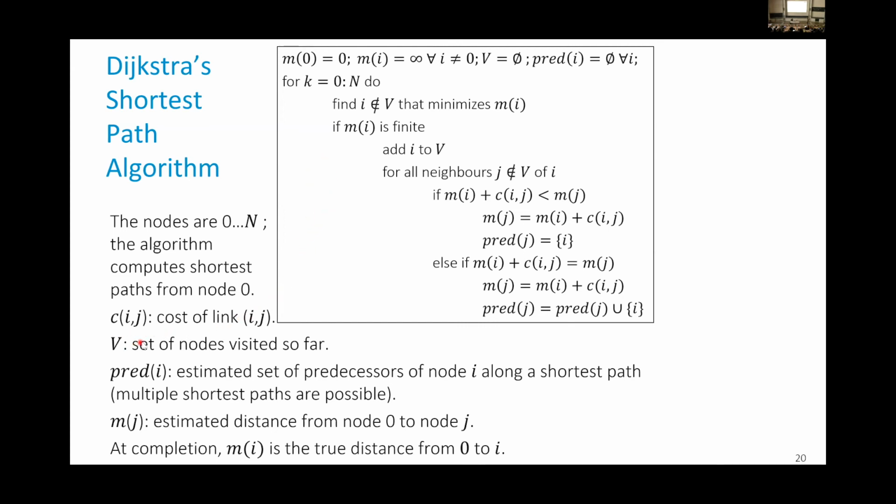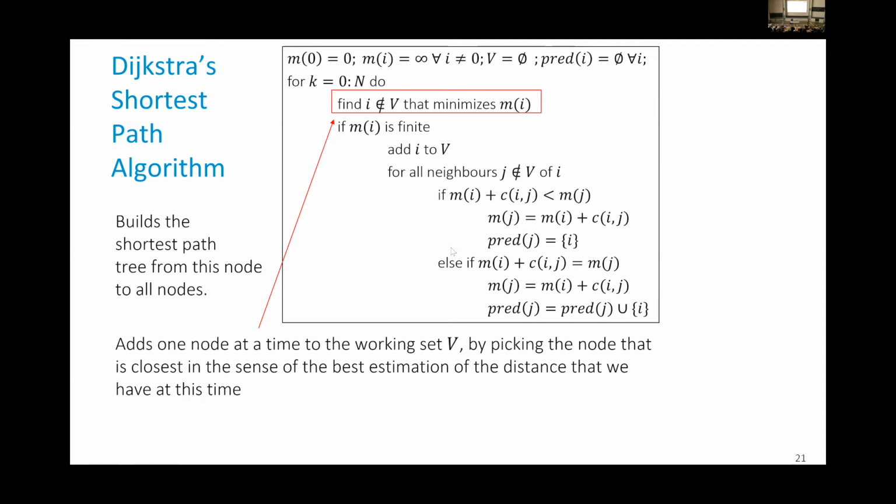So Dijkstra uses a set that it increases, which is the set of nodes visited so far. So how does it work? It starts with the empty set, then at every step, it adds one node, one router. We've seen the node can be a multi-point network.